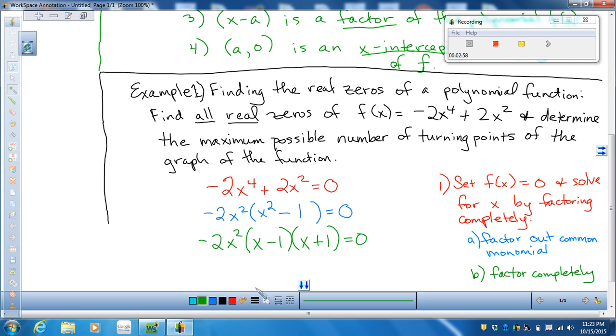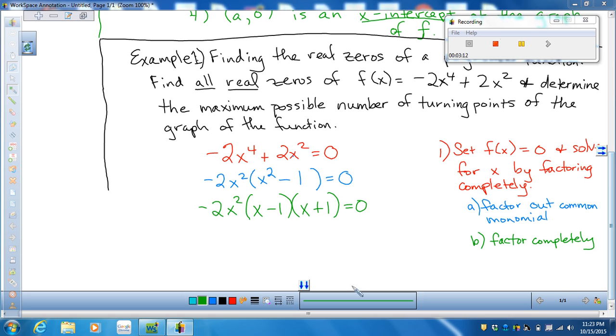The final step in this problem is solving for x. We are going to take each factor, set it equal to 0, and solve for x.